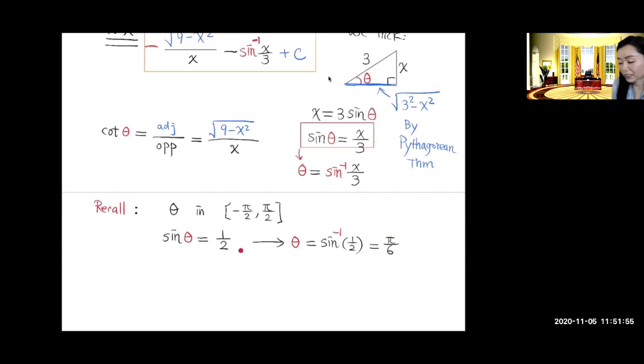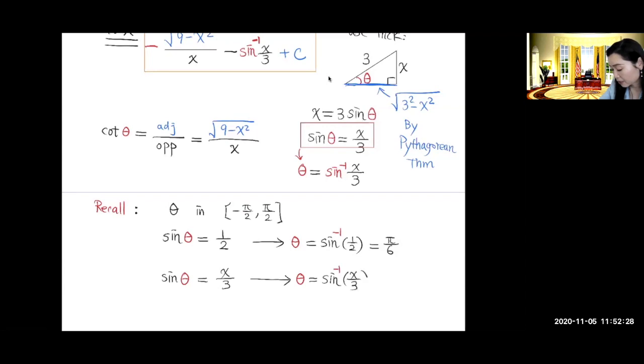Maybe we try one more. Over here, what do we have? We have sine of theta is equal to x over 3. Therefore, theta over here is equal to inverse sine of x over 3.